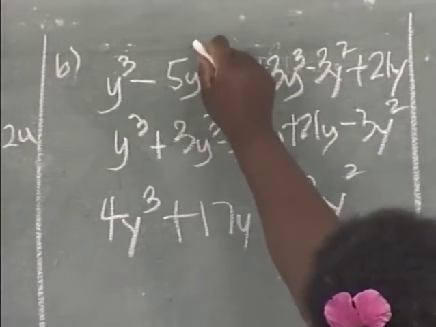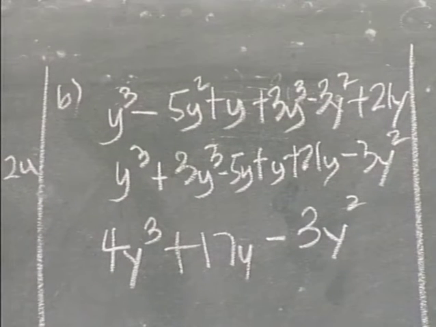Yes, this one should be squared. Y times minus 5y should be minus 5y squared. And then plus y.